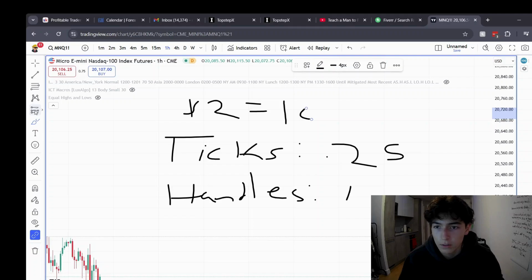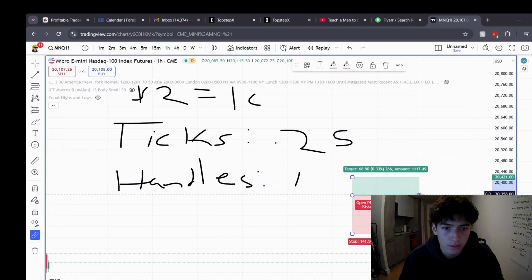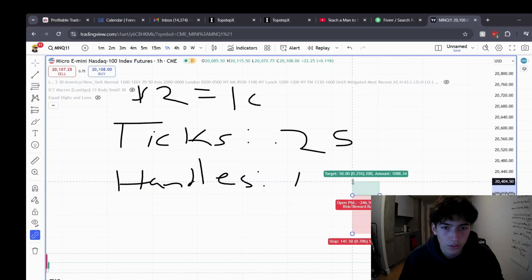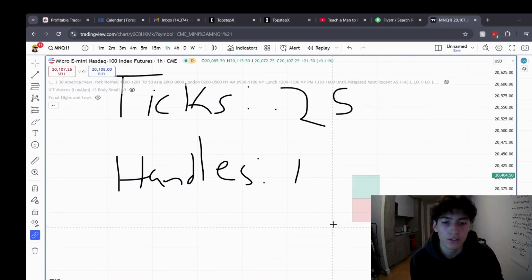All right, let's imagine there is a chart right here. I'll put this at 50 and 50. There are lines in the graph going up and down, and you enter in this position at 20,354.75.